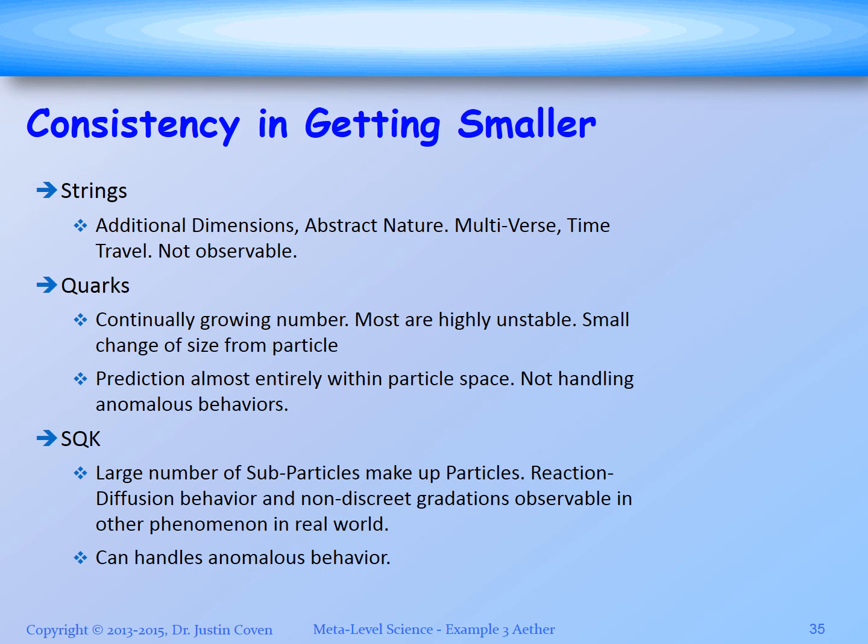The predictions are also almost entirely within a particle, a rarefied particle space where you have accelerators. And all of the resultant particles are also unstable. In addition, there's a vast body of anomalous behaviors within physics that are not being handled by these models.